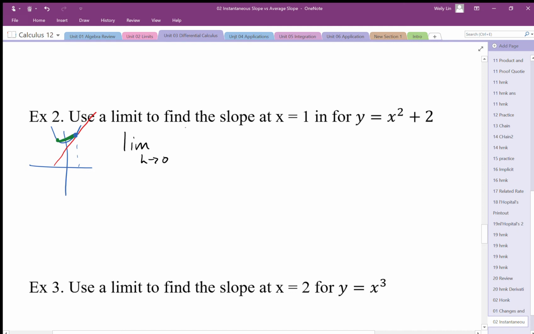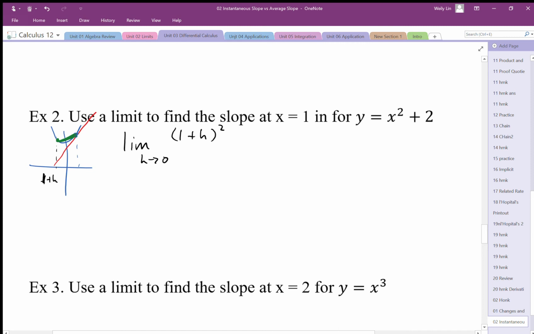My change in y is going to look like this: (x plus h) squared plus 2, so I plug my x plus h in there. Sorry, my mistake here. It's going to be (1 plus h) squared, because I'm at x equals 1. In this case it's 1 minus h, but we'll just leave it as plus h.